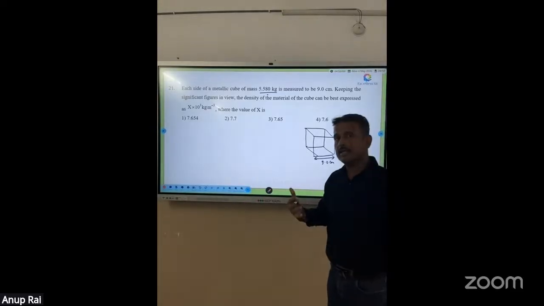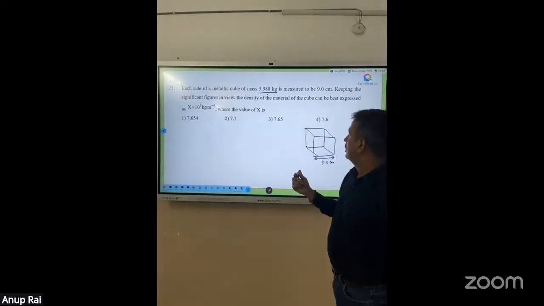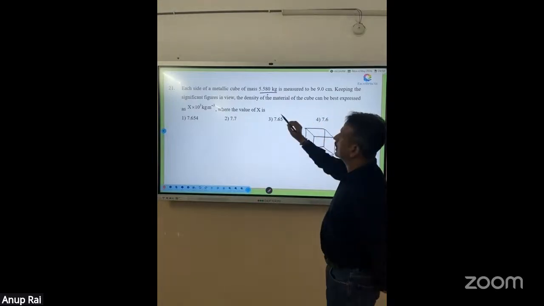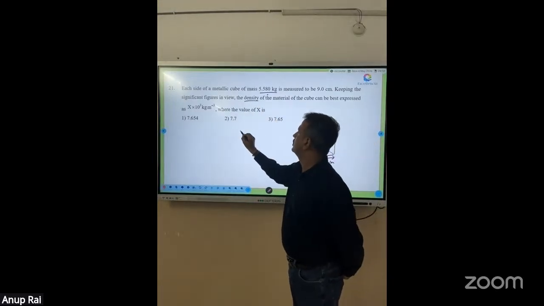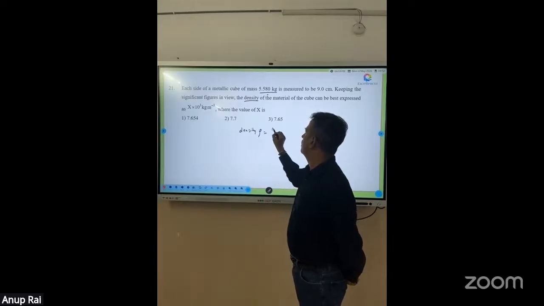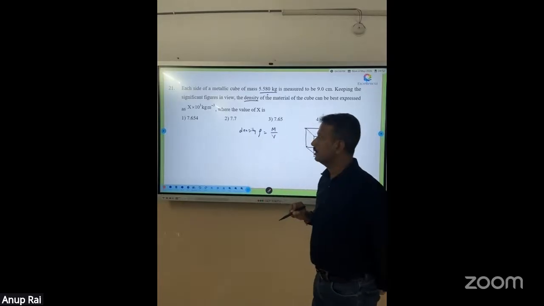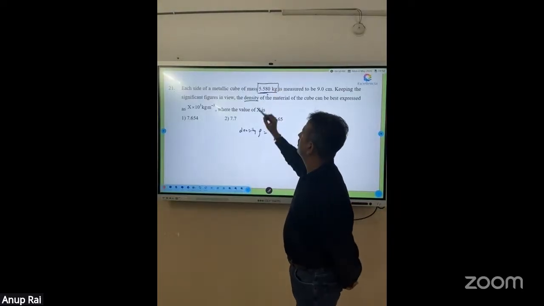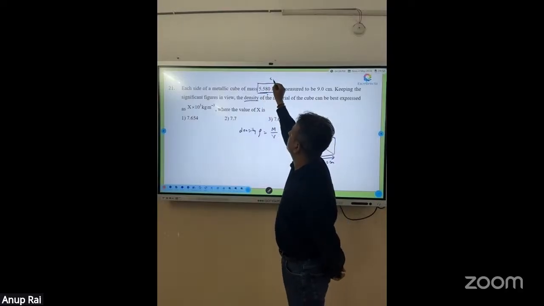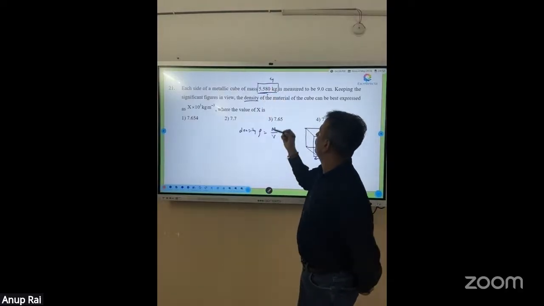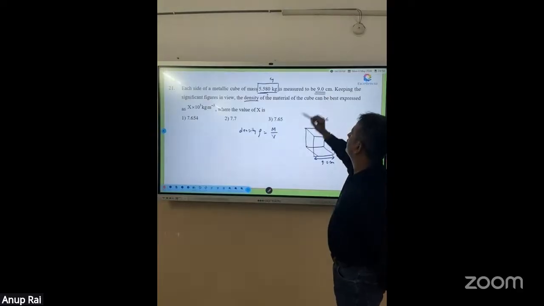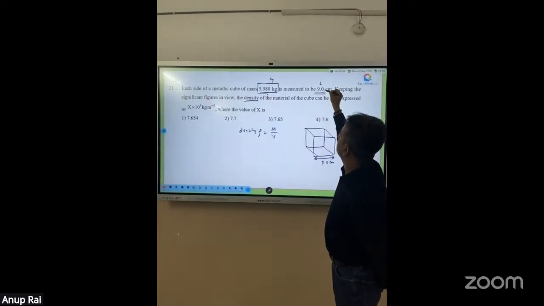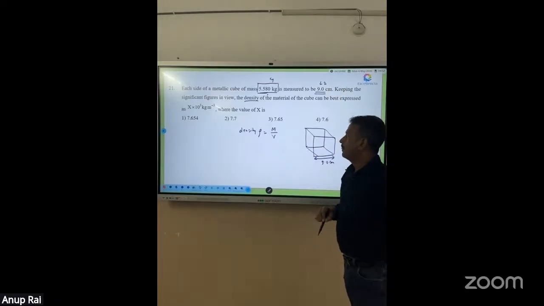So we need to take care of the significant figures. We need to calculate the density, and density is equal to mass divided by volume. How many significant figures are there in this mass? 1, 2, 3, 4. There are 4 significant figures. And how many significant figures are there in the length? There are 2, because the decimal 0 is given, which means it is also significant.